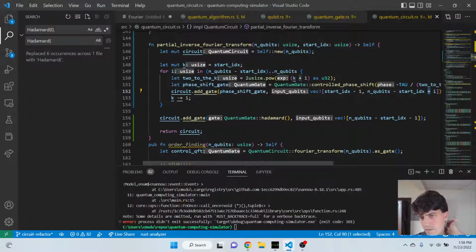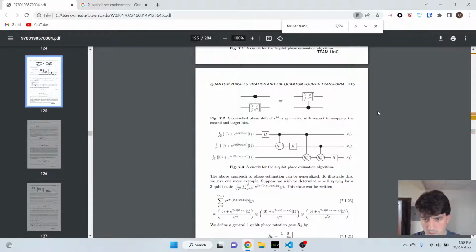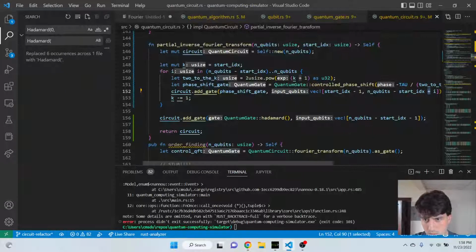No. It needs to be 2. This is 0. It needs to be 1. So then this is 3 minus 1 is 2. So minus 1 plus I.